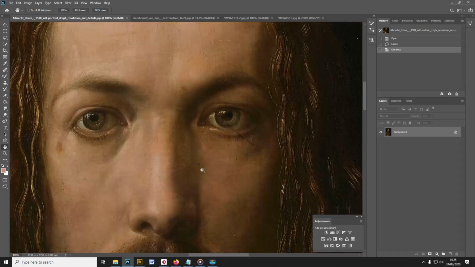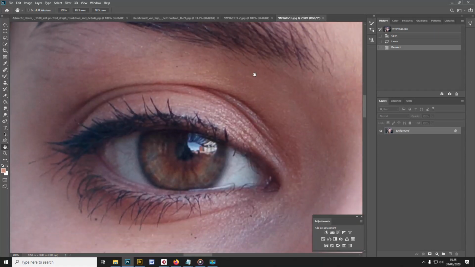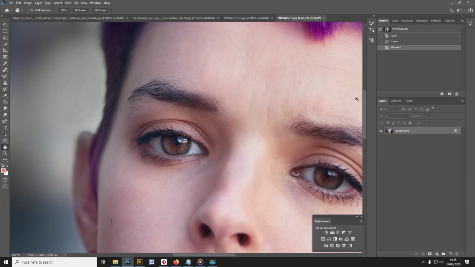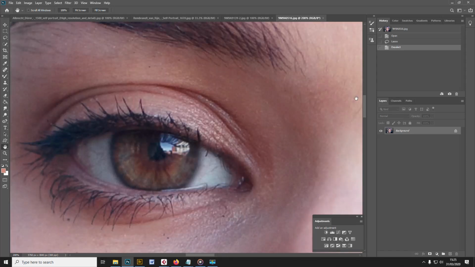Now, if we just take a look at a photograph, this is just a photographic portrait, and this again is about a 5K image, and we can see here this is a portrait which was taken outdoors with quite strong natural light in a kind of urban setting.